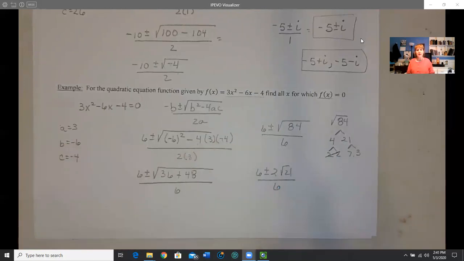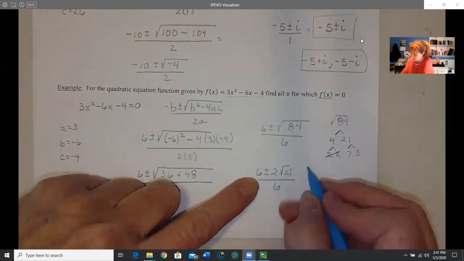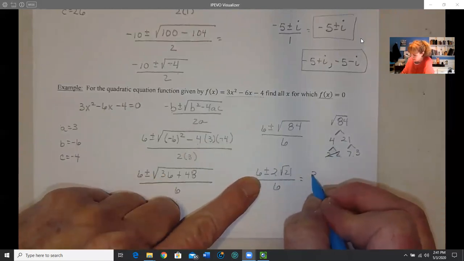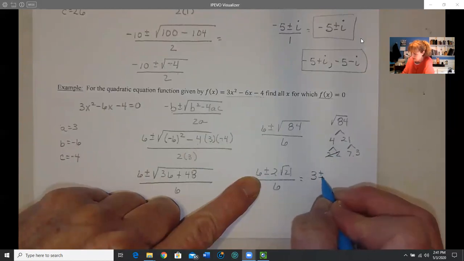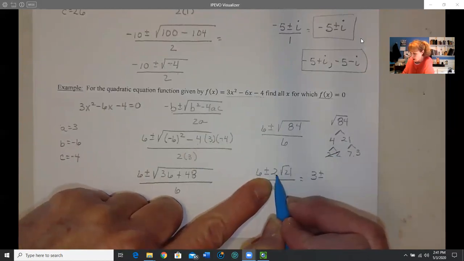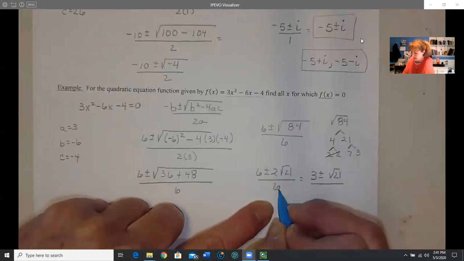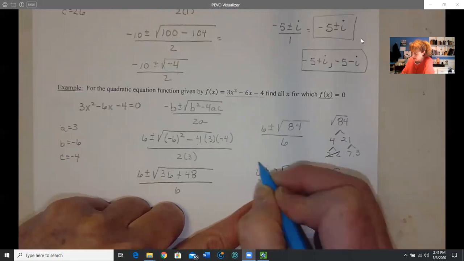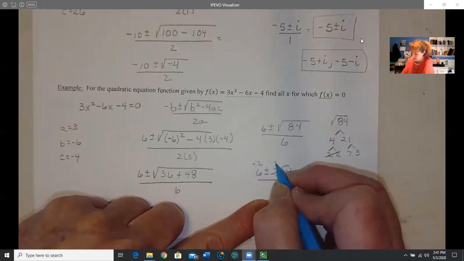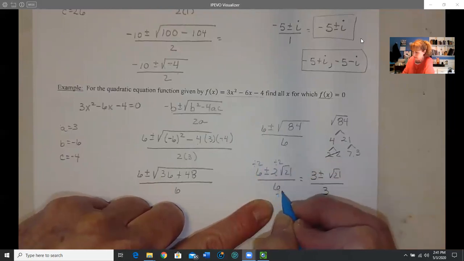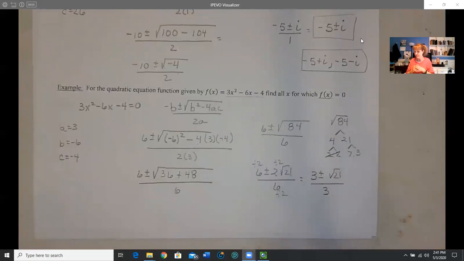Now we can reduce this because there's a number that goes into 6, 2, and 6 evenly, and that would be 2. So we'll divide everything by 2. That gives me 3 plus or minus 2 divided by 2 is 1, square root of 21, over 6 divided by 2 is 3. So I divided everything by 2.